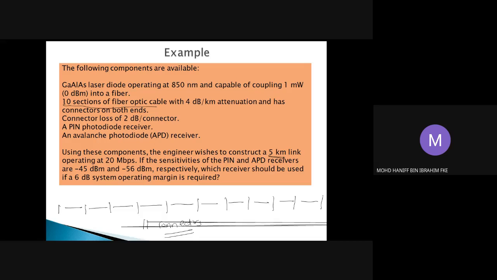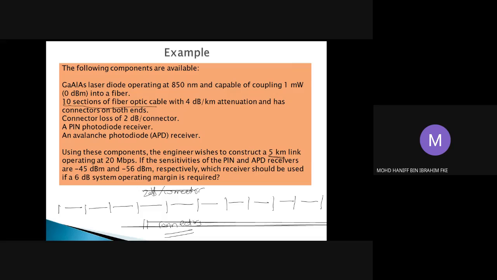We need to be very clear on this. From the information given, the loss for every connector is 2 dB, so 2 dB loss per connector. These are the pieces of information from the question.